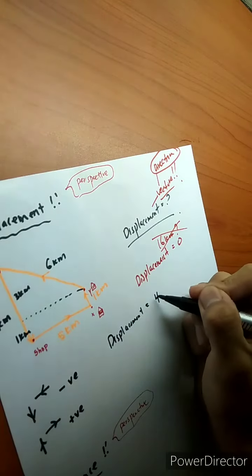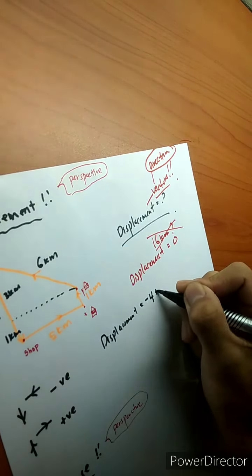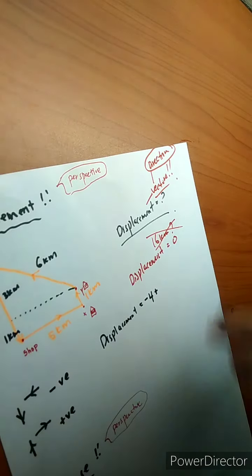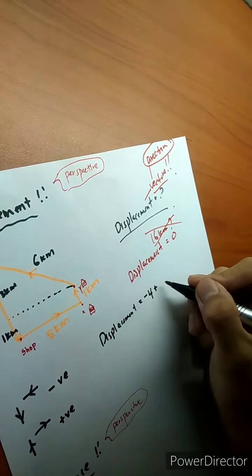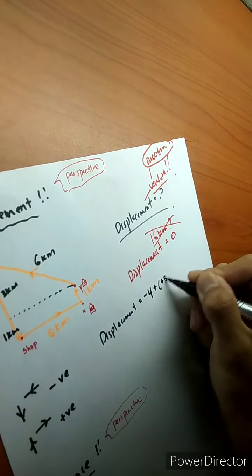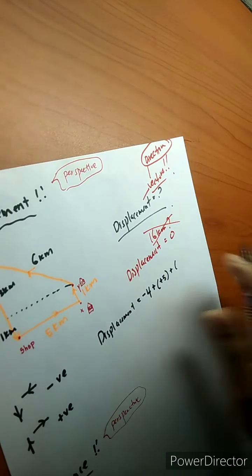Remember to include the direction, to the bottom, which is -4, plus, since we want the total or the summation of the displacements, we add from shop to my friend's house, which is +5 kilometers, and always plus.